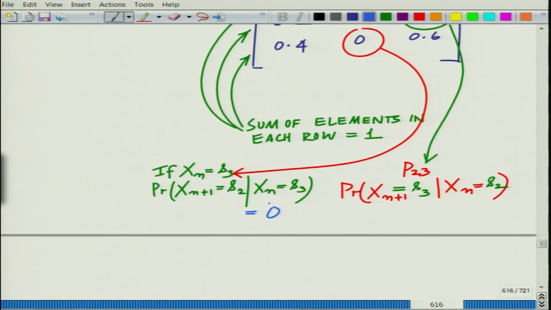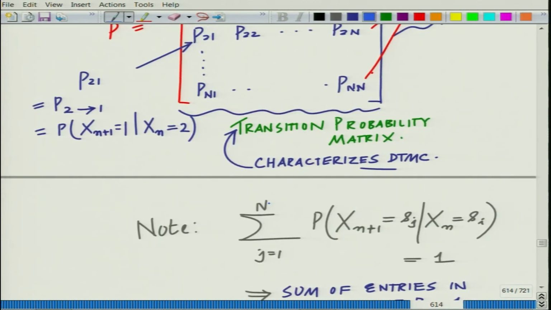And similarly, this is the probability of transition of state 2 to state 1, that is xn plus 1 equals S1 given xn equals S2, and so on.